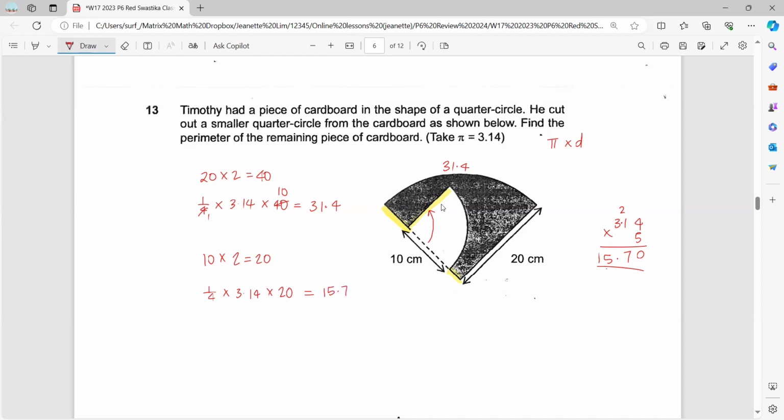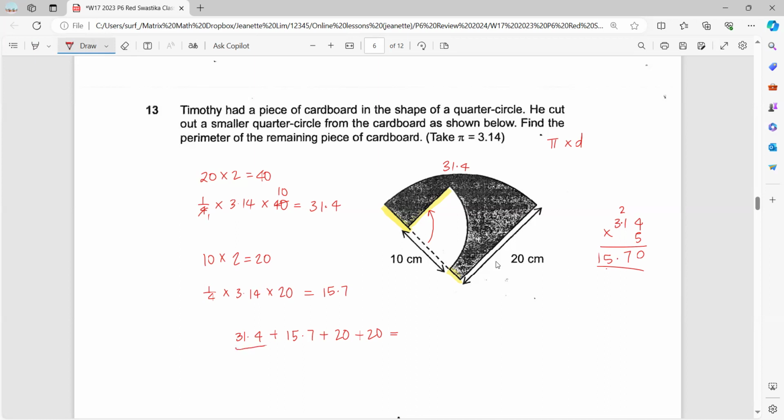Okay, so now let's just add them up. Perimeter will be the big arc plus the small arc plus 20, the yellow lines, and plus another 20, this straight line. So how much would we get?